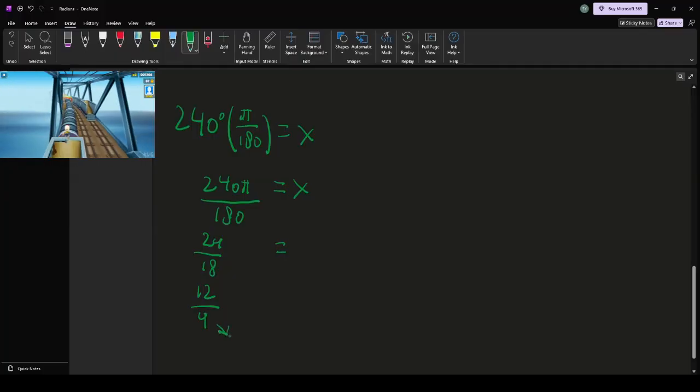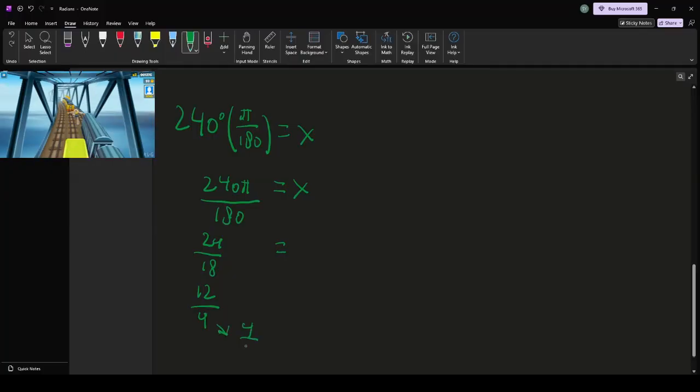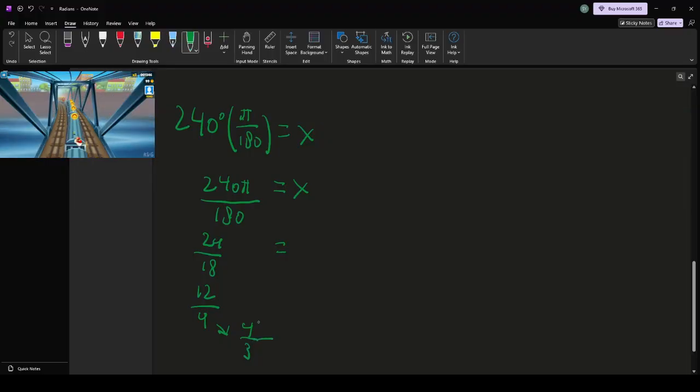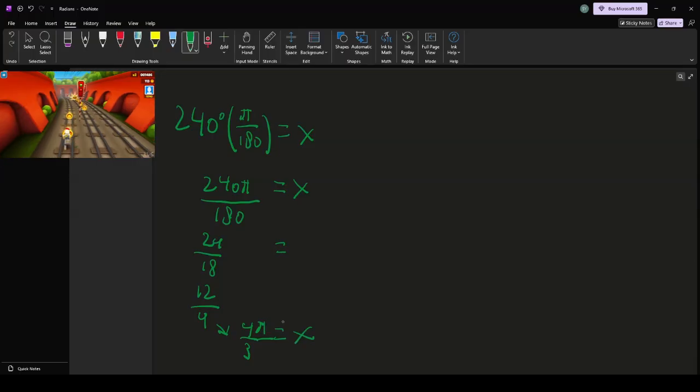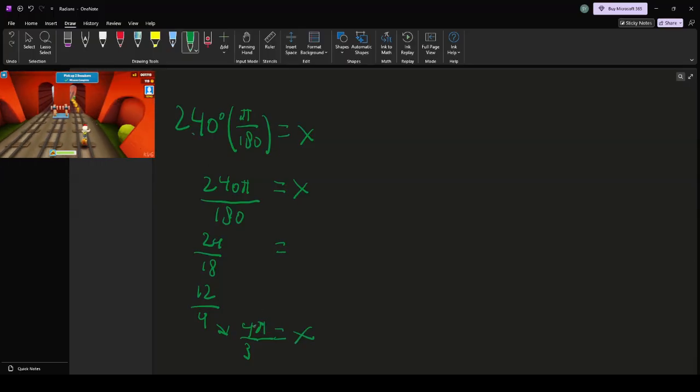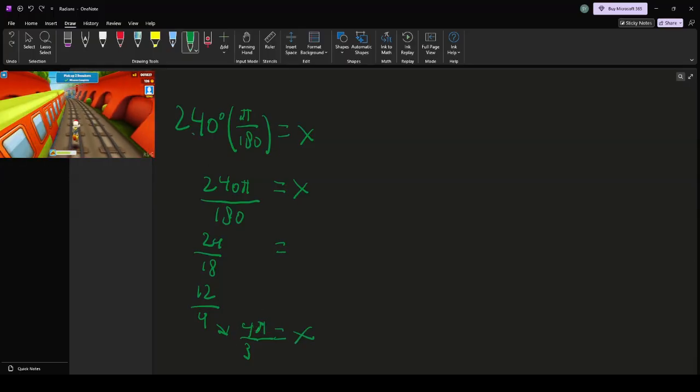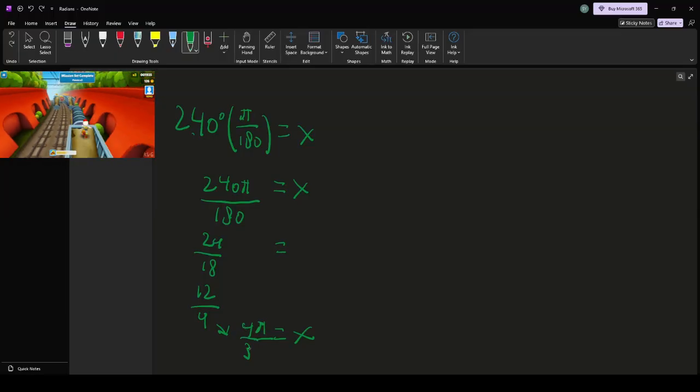Actually, like that: 4 over 3. Can't simplify it anymore. So that is 240 degrees in radians: 4 times pi over 3.